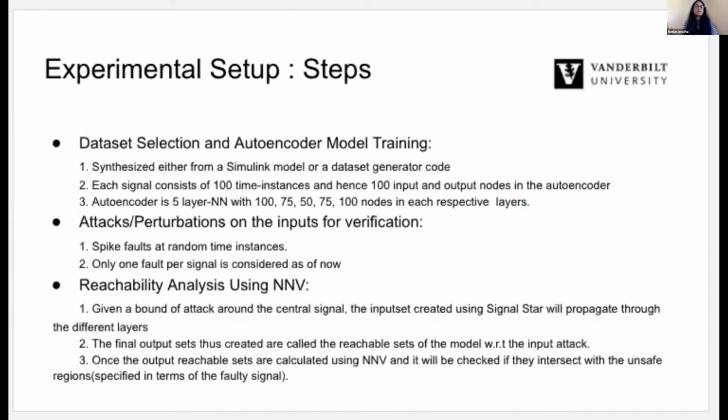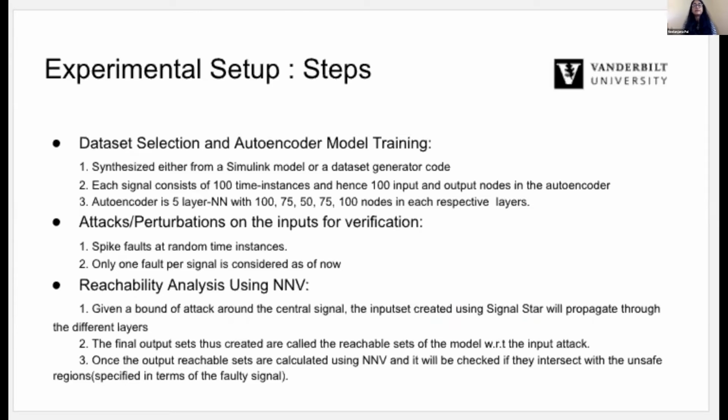So these are some experimental setups. The first thing is to synthesize the data set and train the autoencoder model. The data set was not a publicly available or practical data set. It is synthesized using a Simulink model or a dataset generator code. Each signal consists of 10 time instance values, hence 10 input nodes and 10 output nodes for the autoencoder.